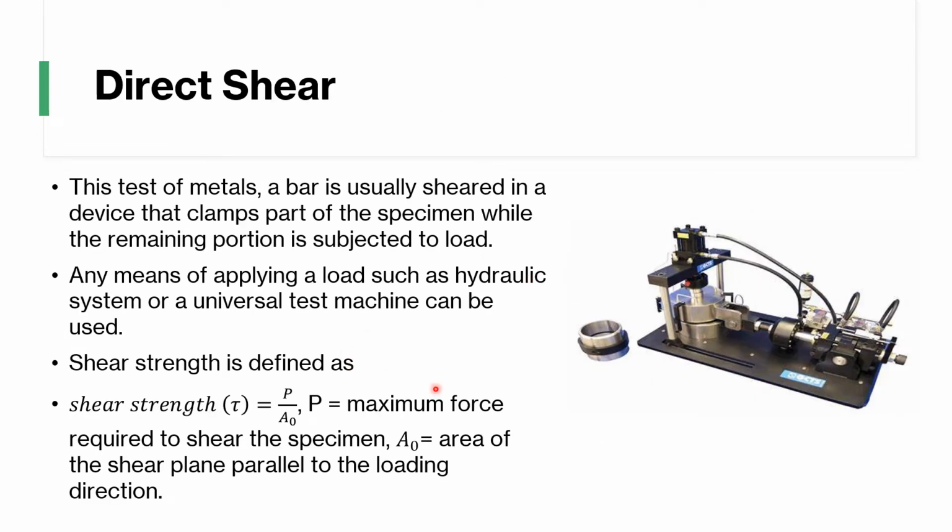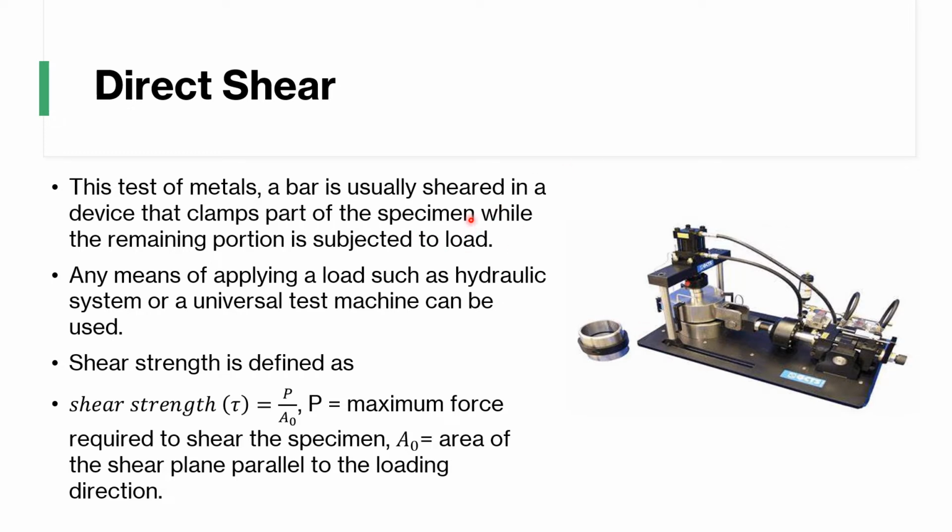The very first one is direct shear. This test is of a metal bar, which is usually sheared in a device that clamps part of the specimen while the remaining portion is subjected to load.